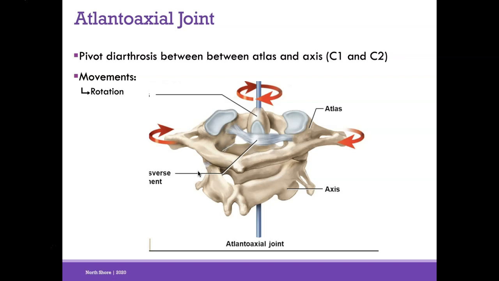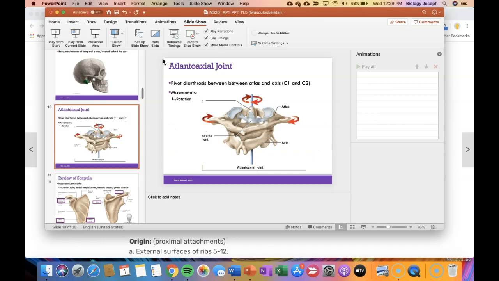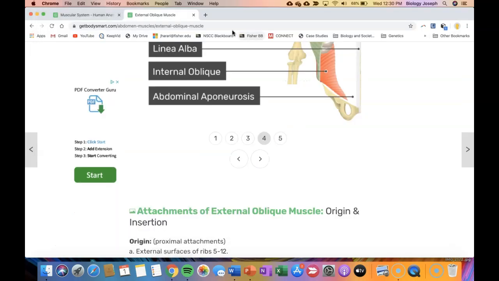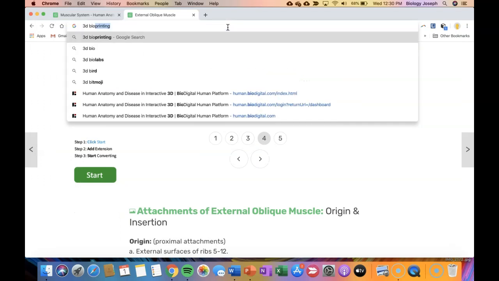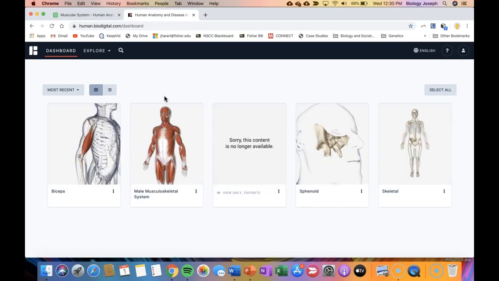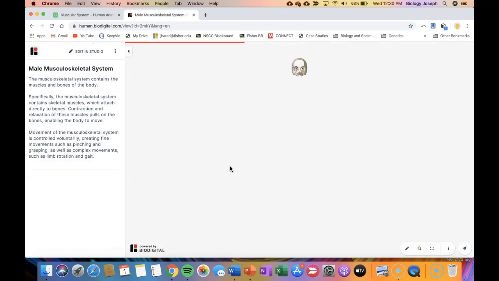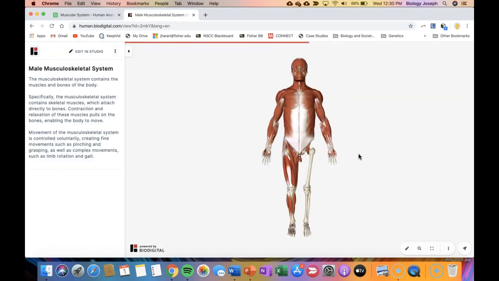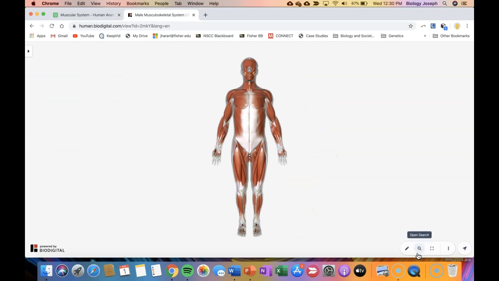So now look on your 3D human, and you should be able to manipulate specifically. So let me go right now to 3D BioHuman. And here's the musculoskeletal system. So there's a few things that you can do. You can search.